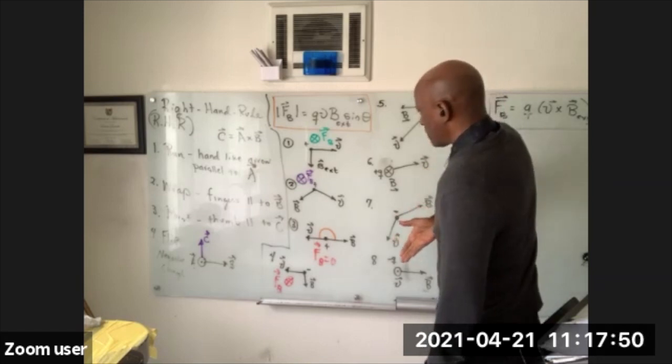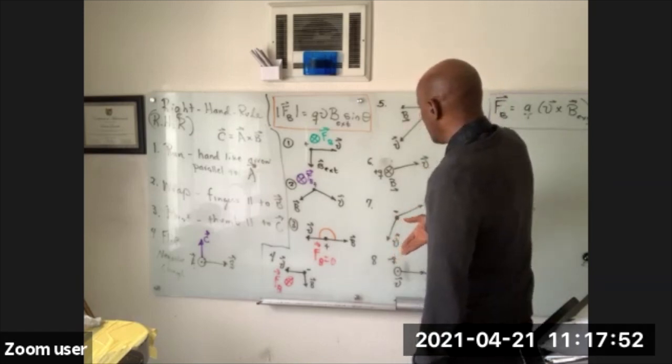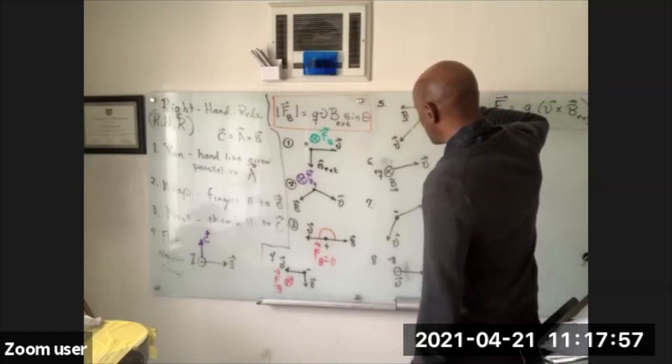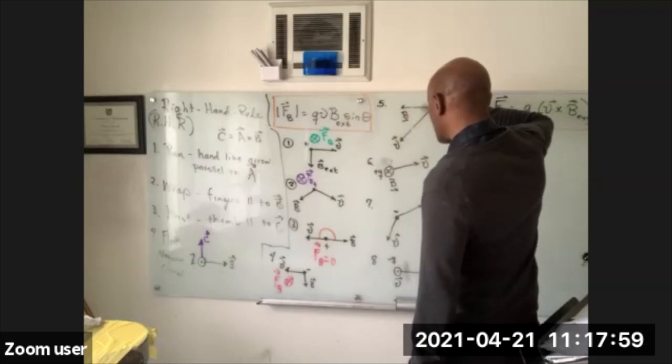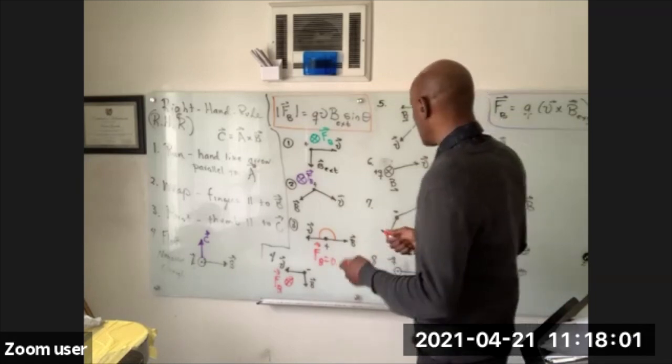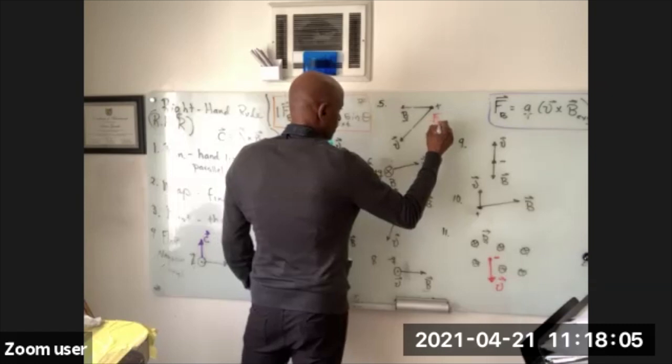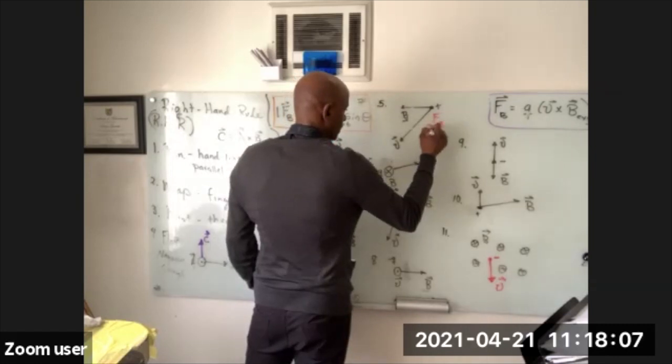It's set up to be between 0 and 180. So that would imply that you would have to go this direction, clockwise as opposed to counterclockwise. So for that reason, this is going to be into the board. Hope that makes sense.